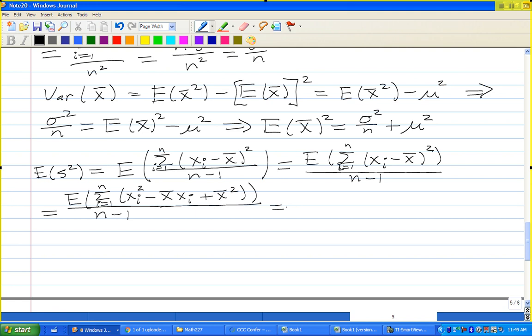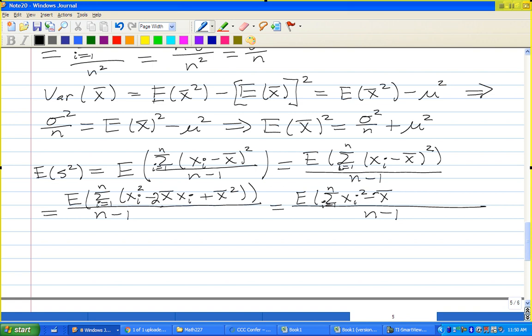And so this is equal to, again by the properties of the summation, the same as the expected value of the sum of x_i squared, i equaling 1 to n, minus the mean, the sum, oops, where's my 2?